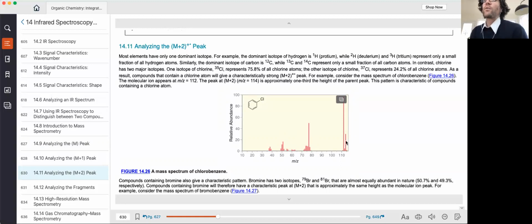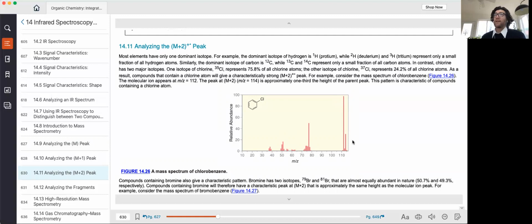The reason why there's an M and an M+2 peak is because chlorine has two major isotopes, one that is chlorine-37 and one that is chlorine-35.